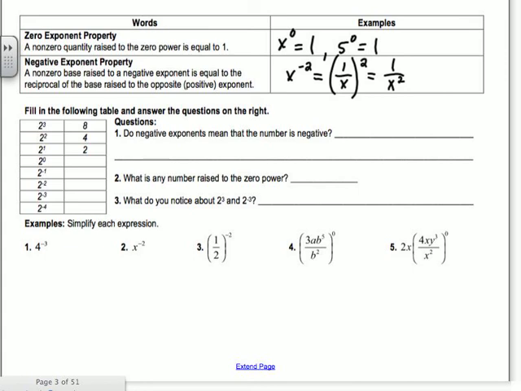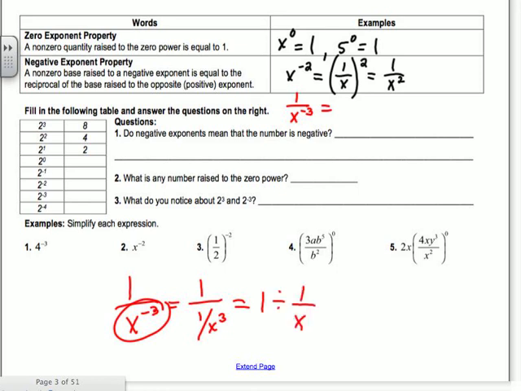Okay, if I see it as 1 over x to the -3, it can be kind of messy. I'll write it down here. If I had 1 over x to the -3, that's 1 over x to the 3rd, like that. Because x to the -3 means 1 over x cubed. So that's 1 divided by 1 over x cubed.